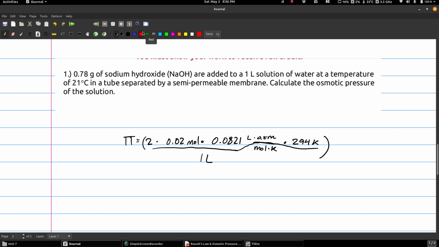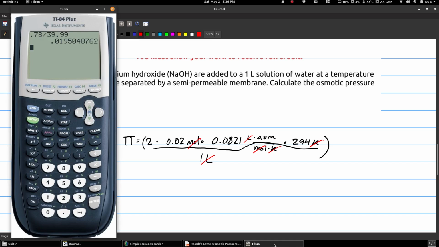So liters is gone, moles is gone, and kelvins is gone. So let's plug this into the calculator and see what our answer is. 2 times 0.02 times 0.0821 times 294.